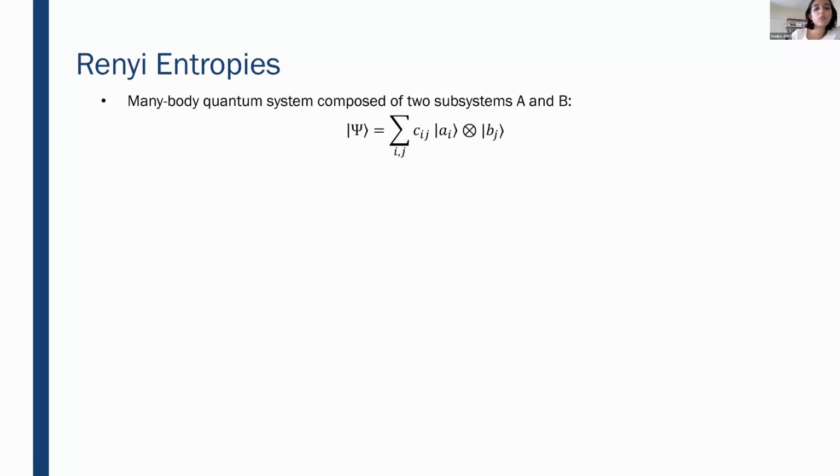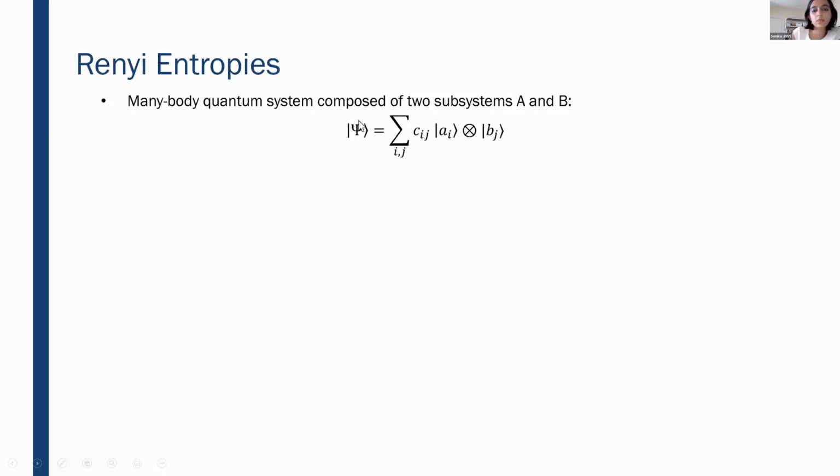So say you have a many-body quantum system, and this quantum system is defined on 2 subsystems A and B. So you can write the state of the system in this form, right? So the degrees of freedom in A are written as AI, and the degrees of freedom in B are written as BJ, right?